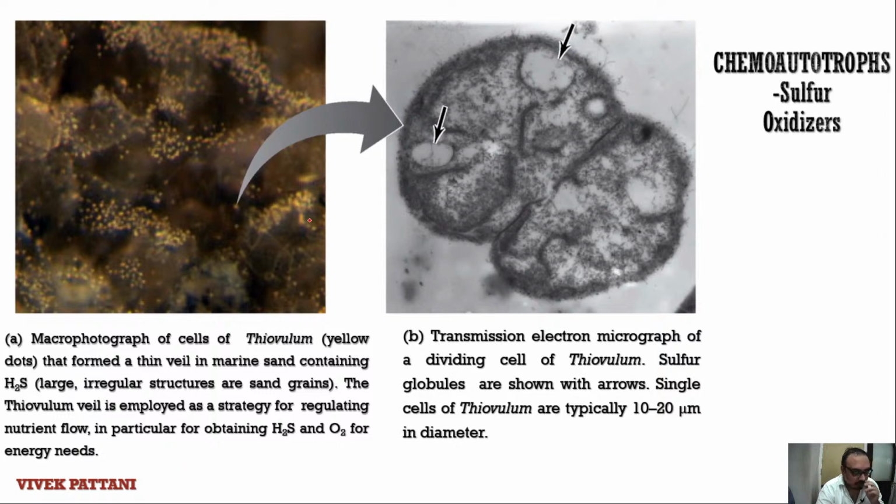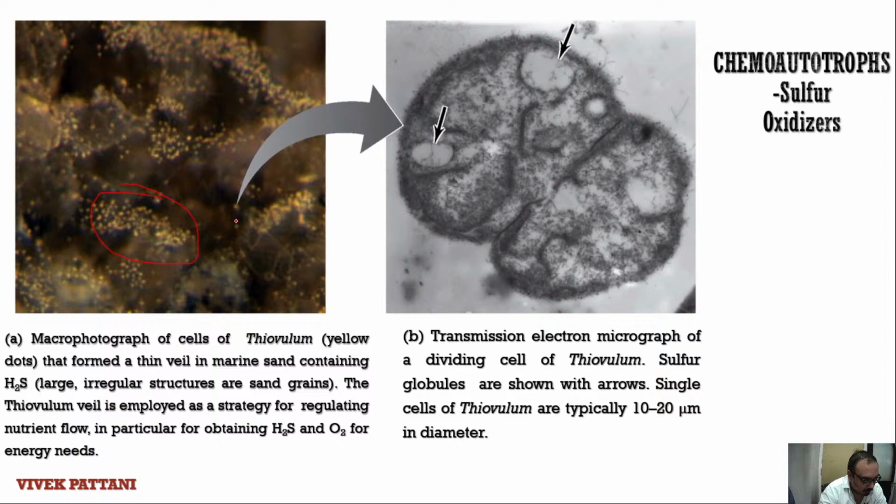Now photographs of the sulfur oxidizers. A macro photograph of cells of Thiovulum, yellow dots as seen here. You can see the yellow dots that form a thin wheel around the marine sediments.